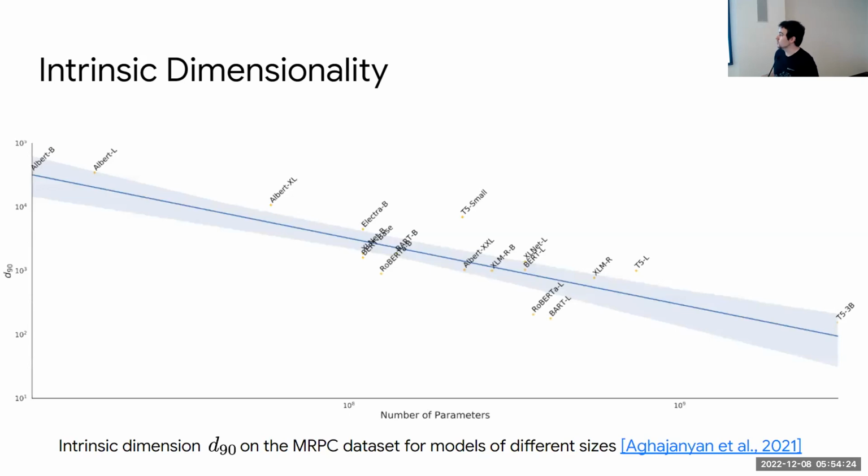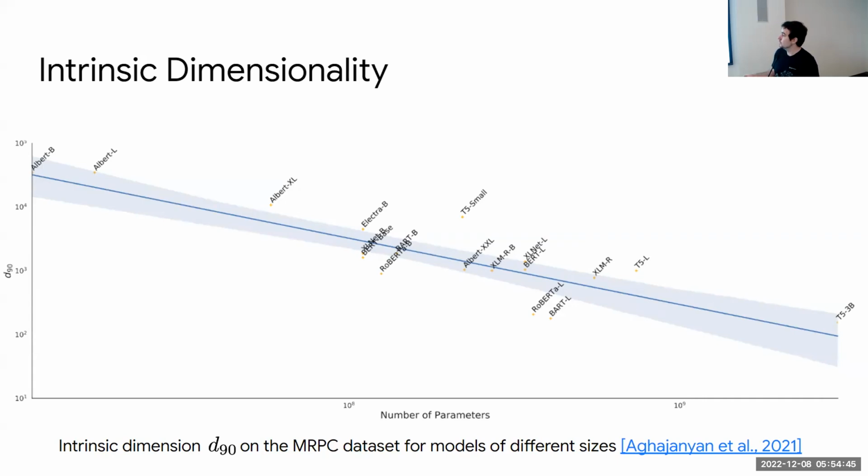Here we can look at a general plot where we see different models plotted based on the number of parameters, with smaller models like Albert on the left and larger models like T5 3 billion on the right, with regard to how they perform on just one task, MRPC, and with regard to their intrinsic dimensionality on the task.